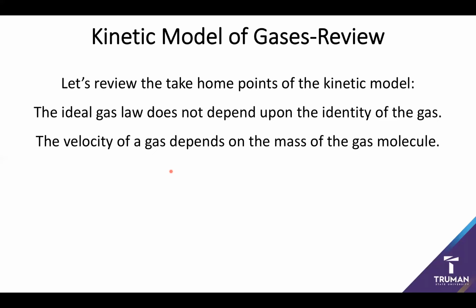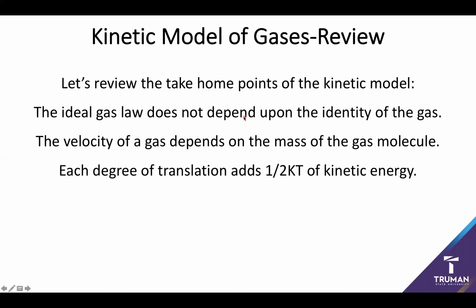So it has less energy and it's not moving as fast, but it hits twice as hard as a gas molecule that's half as heavy, but moving twice as fast. So that's where we get a lot of this cancellation that results in this independence of identity for the ideal gas law.